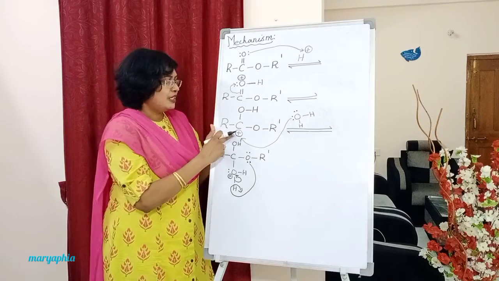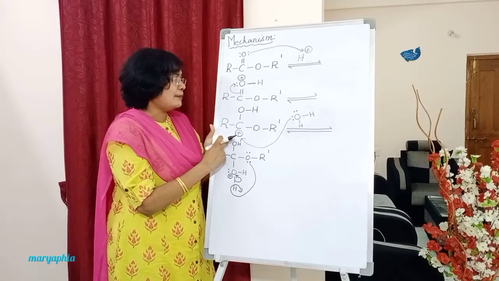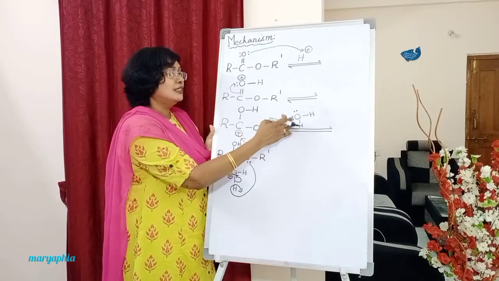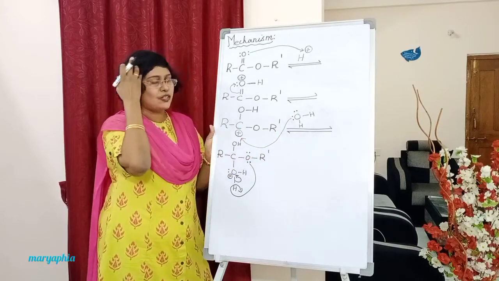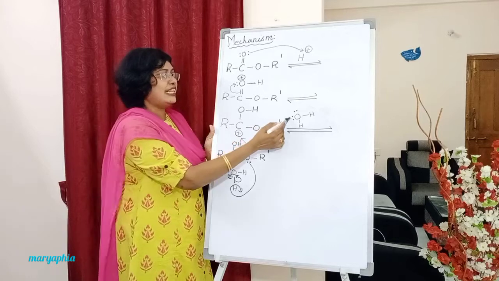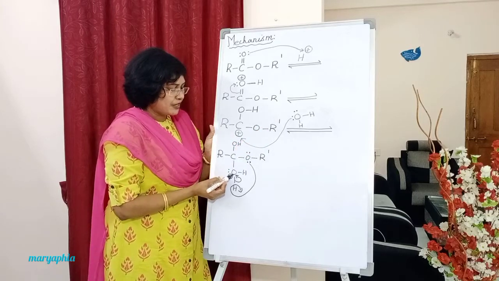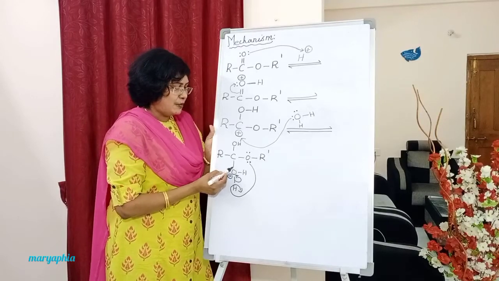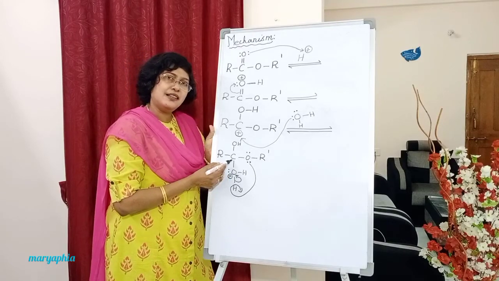Once again, a positive charge is formed on carbon. This positive charge will be satisfied, or the water molecule helps the positively charged carbon by sharing its lone pair of electrons. Now the whole water molecule comes up here. That means the oxygen shares its lone pair of electrons with carbon.